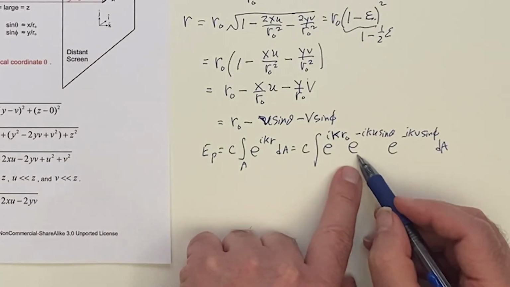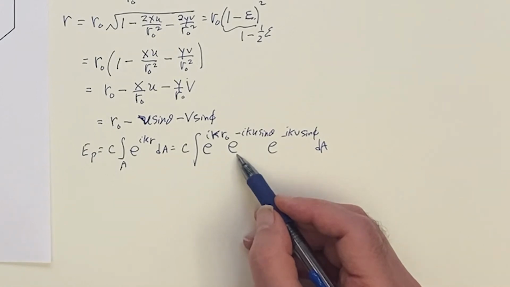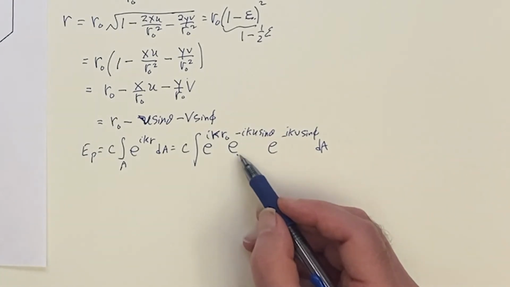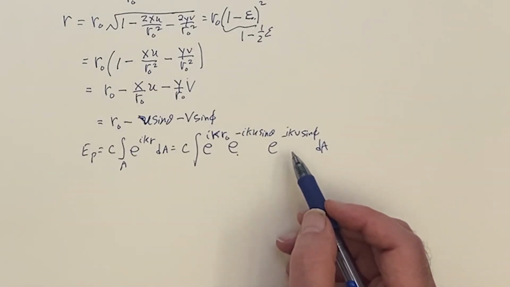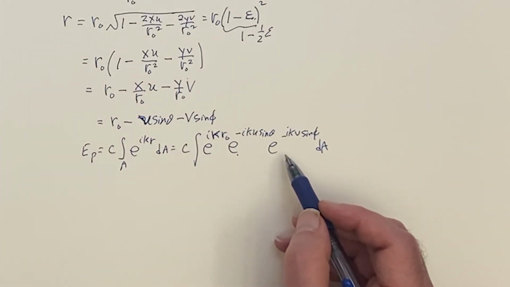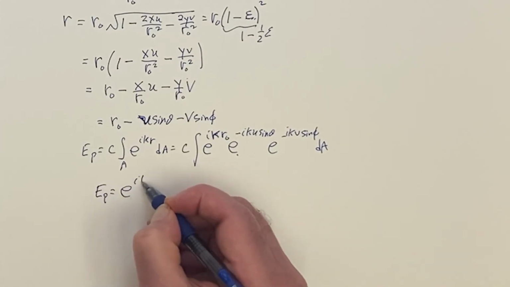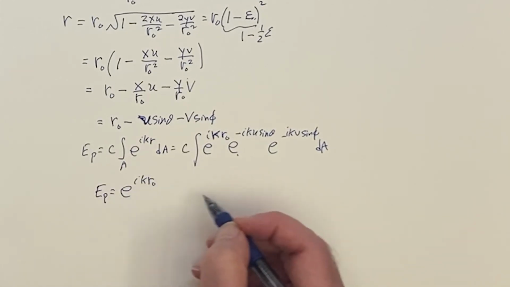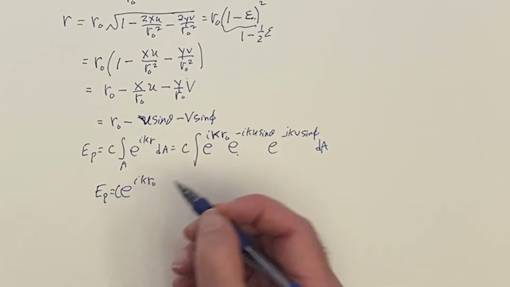And we've seen this one before, where we did the integration for this narrow slit. And now we see we have two integrations to do, and they're multiplied by each other. So what we can do here is we can take E P, which is e to the i k r naught, and some constant floating around in the front.